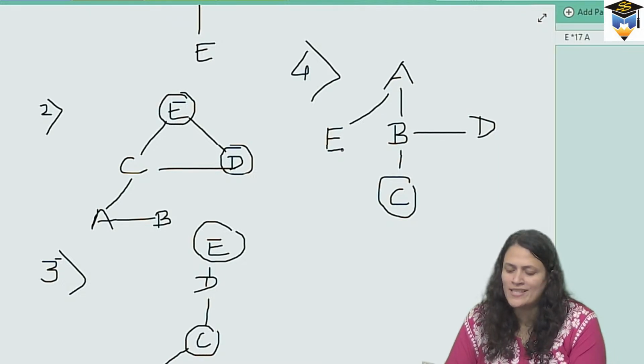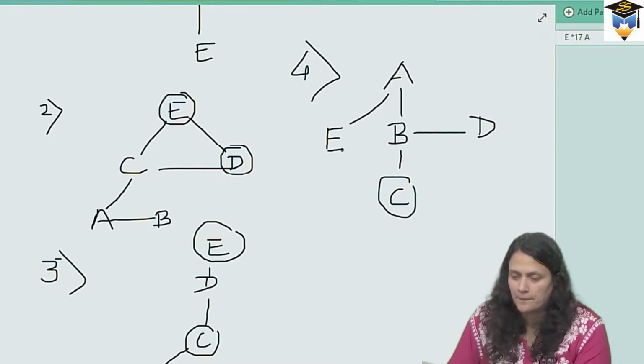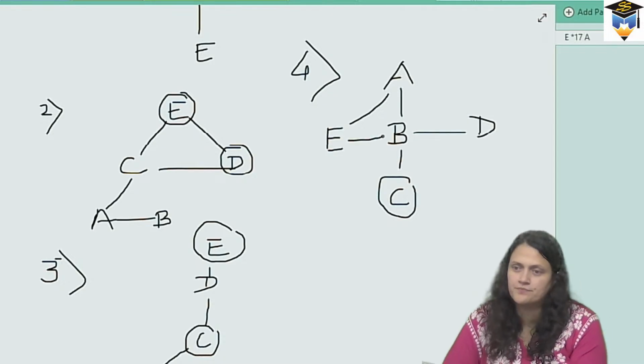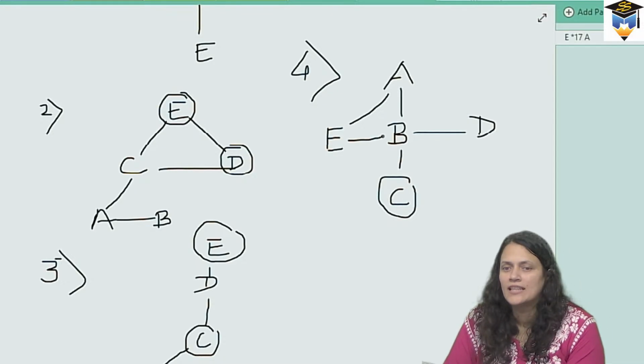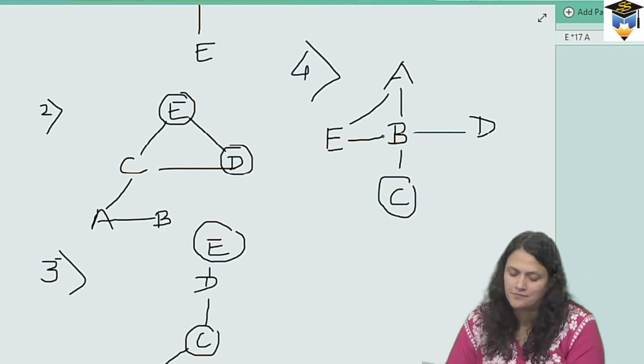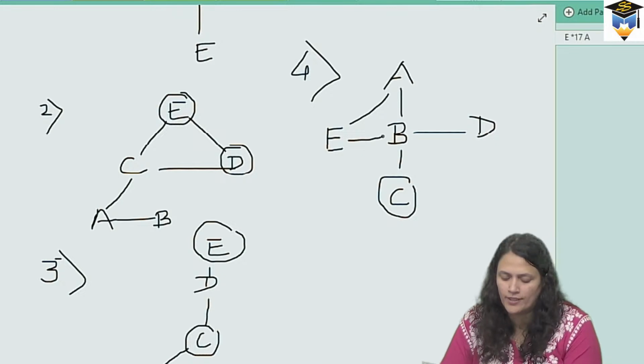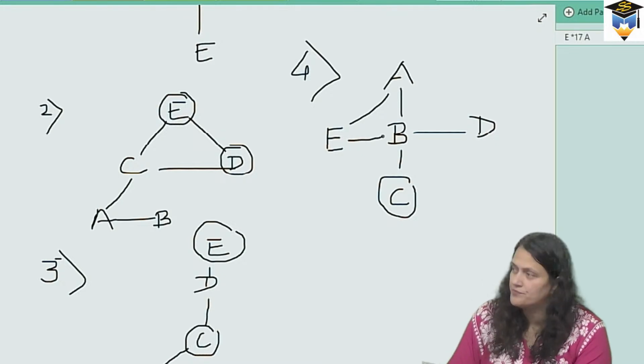So what is the relationship between C and E? Niece. B and E are brothers. So the answer is niece for the fourth one.